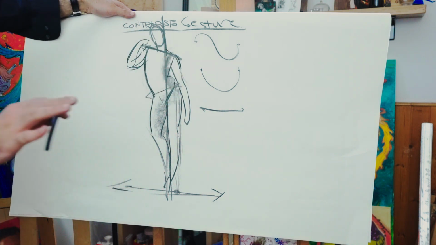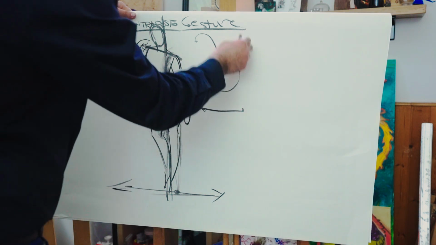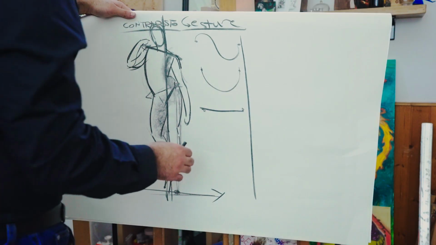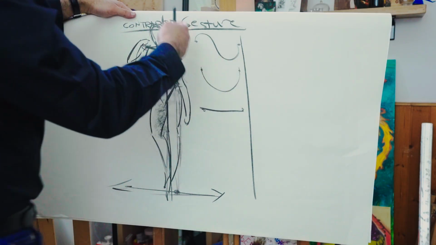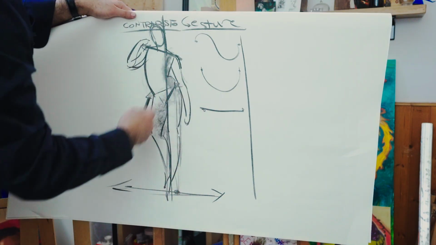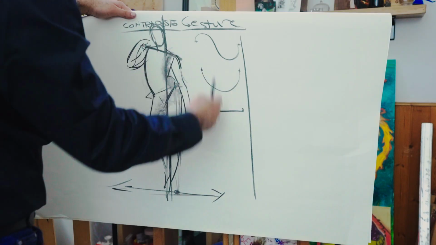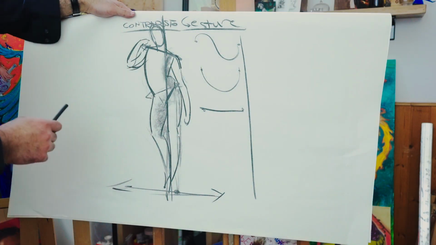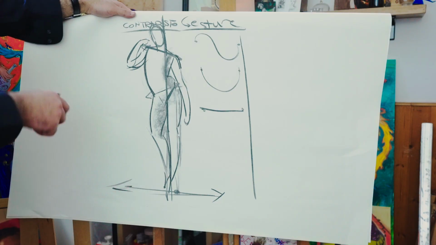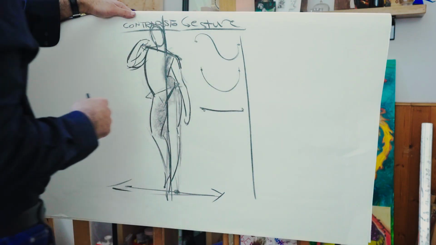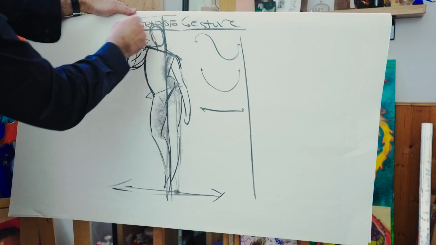Okay, let's recap the process. First, you start with understanding the balance line, the position of the figure in this space. So the borders are important. Okay, you have to create a kind of limit on paper for yourself, like this.